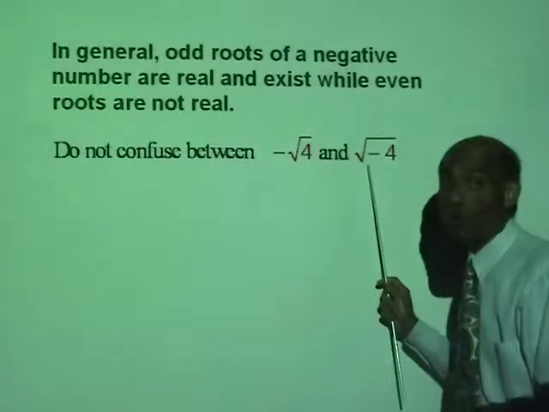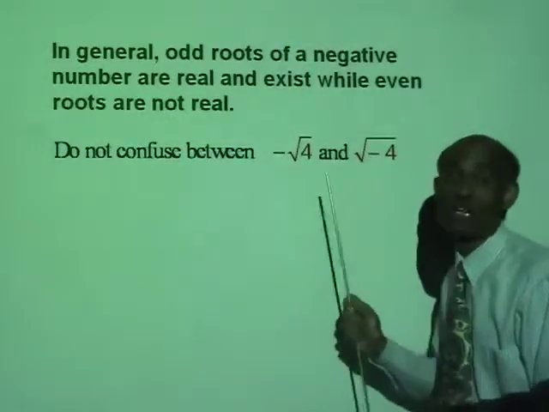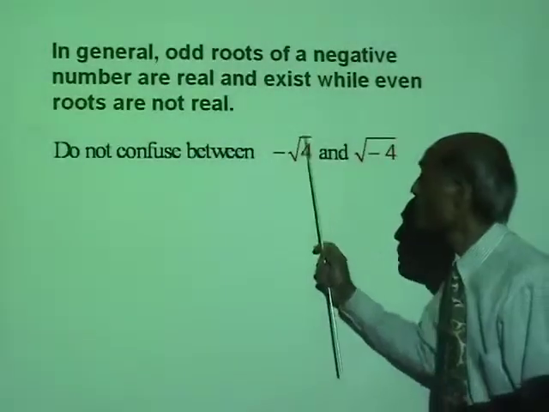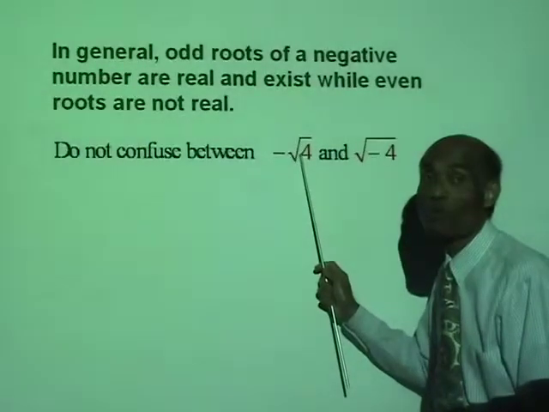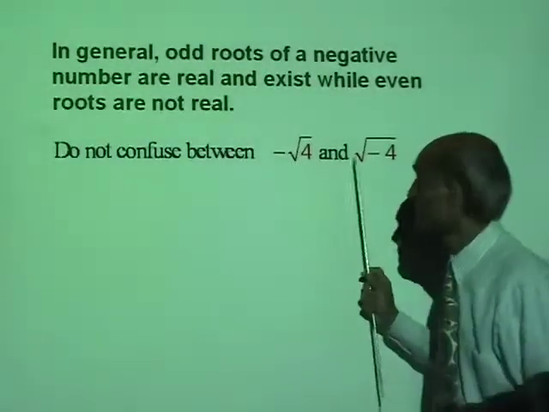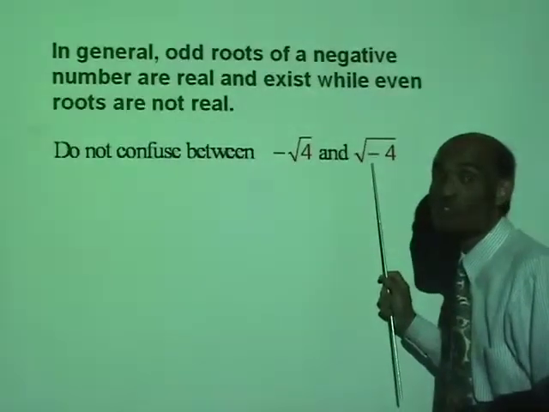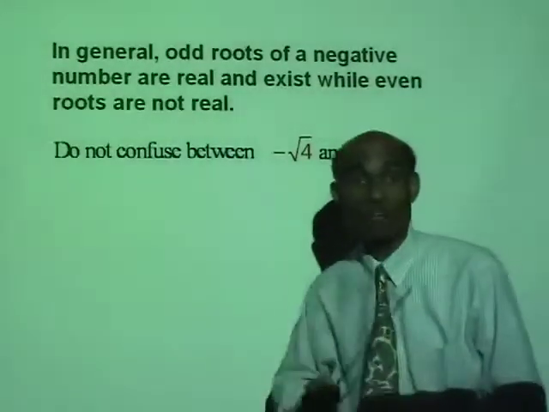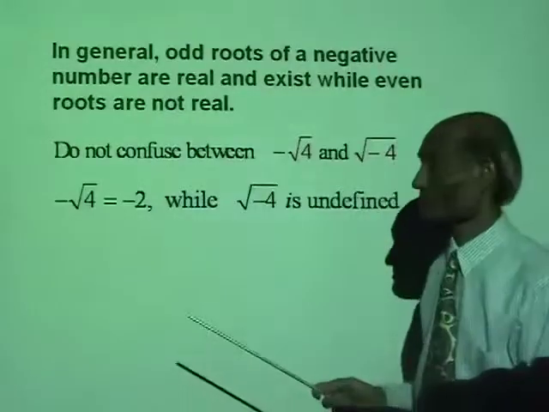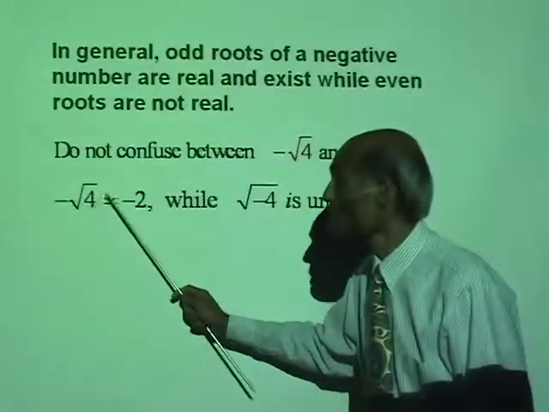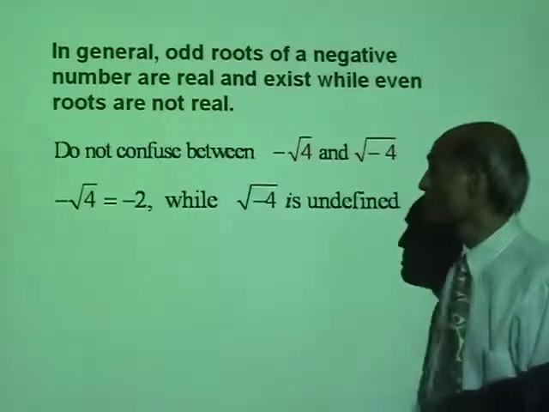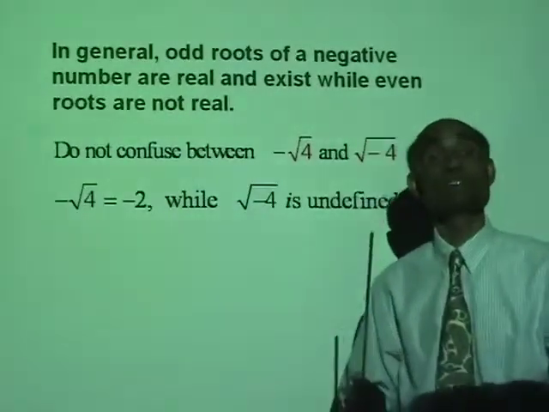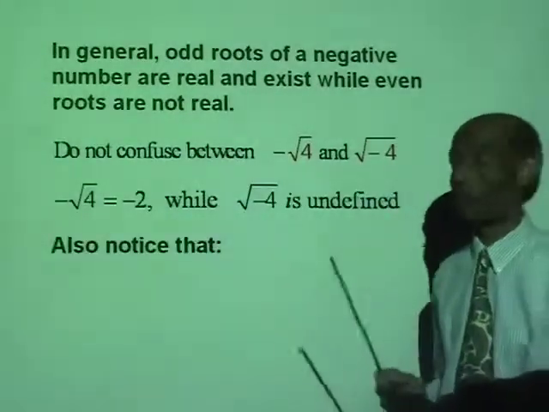Whereas square root of negative 4 is not real. So do not confuse between negative square root 4, which is real, and square root negative 4, which is not real. Alright, negative square root 4 is negative 2, while square root of negative 4 is undefined.